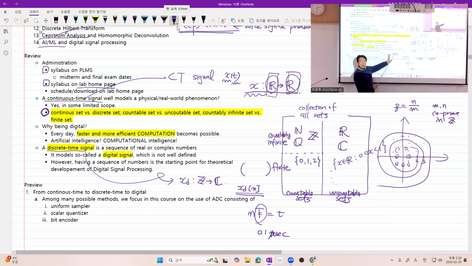So this is the convention. Got it? So from now on, whenever we talk about a discrete time signal, the time index would always be an integer. No fraction. Got it? This is the convention most electrical engineers agree on, even though physically it may mean some 0.1 microsecond, 0.2 microsecond. Got it?